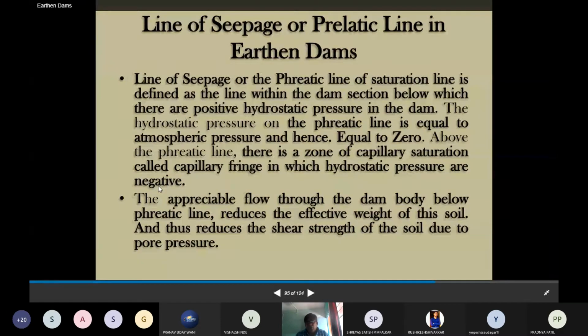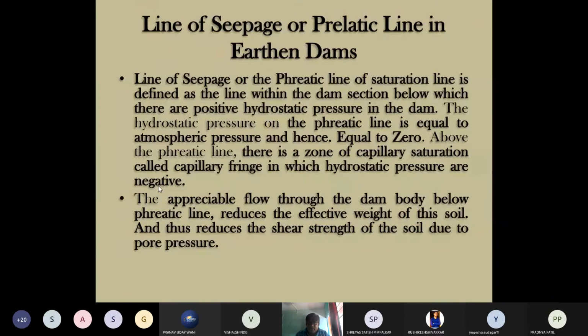Please remember, pressure above the phreatic line is negative hydrostatic pressure. Pressure below the phreatic line is the positive hydrostatic pressure, and pressure on the phreatic line is the atmospheric pressure.